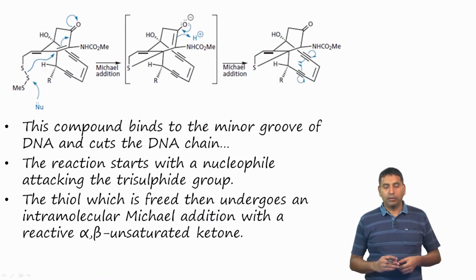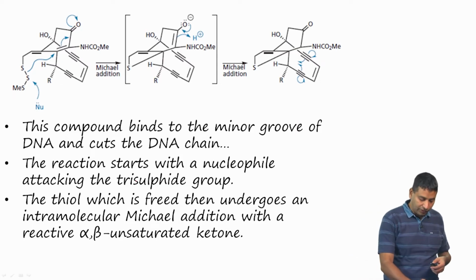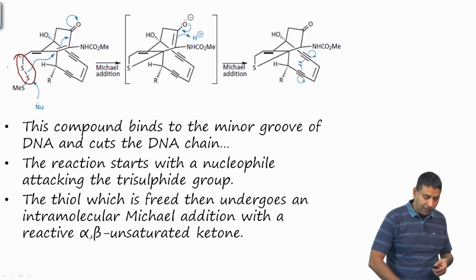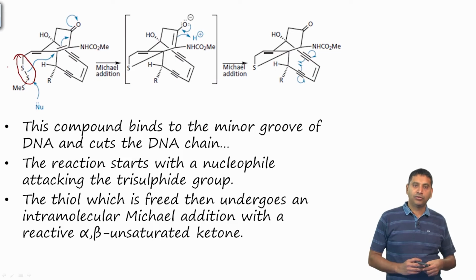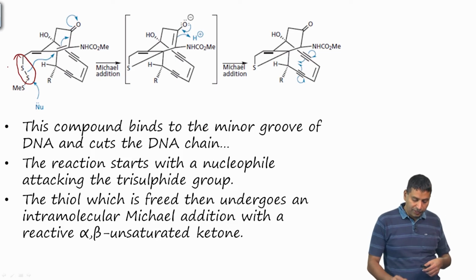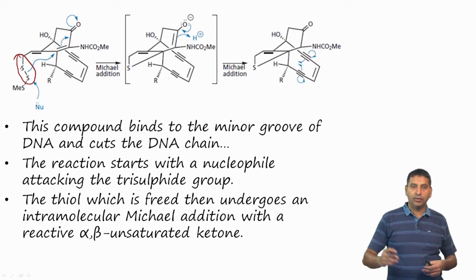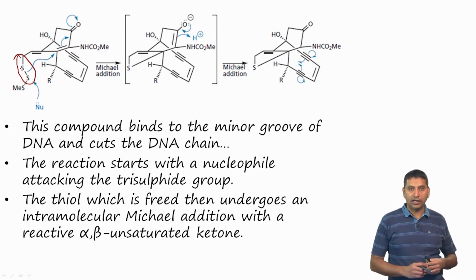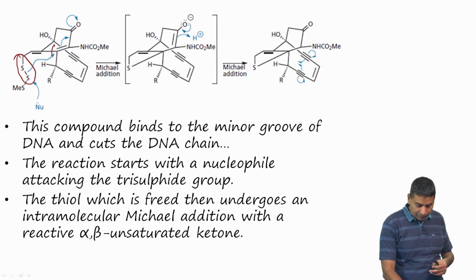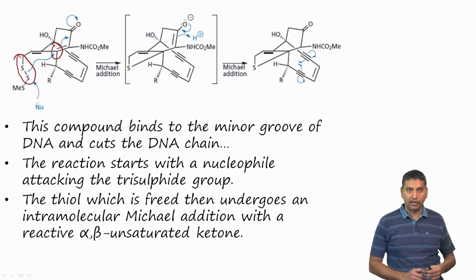The mechanism that is proposed is that since disulfides are known to be targets for nucleophiles, they can react with a nucleophile, and they free up this thiol sulfur over here, which can then attack this carbon, which is actually a substrate for a Michael reaction.